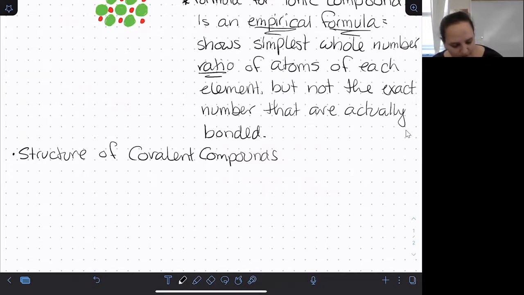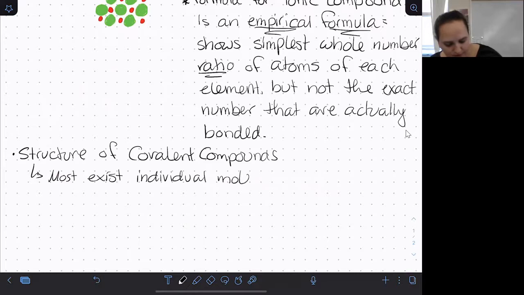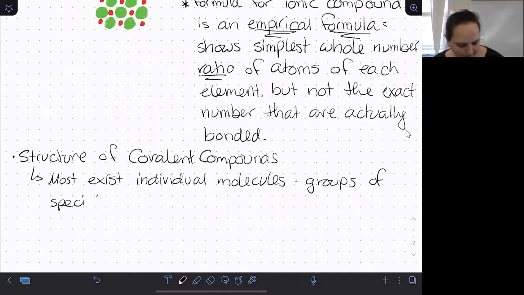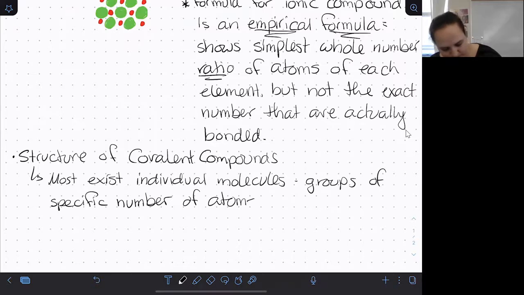For covalent compounds, most of the time there are some counterexamples, most exist as individual molecules, which are groups of specific numbers of atoms. And molecules are not connected to one another.